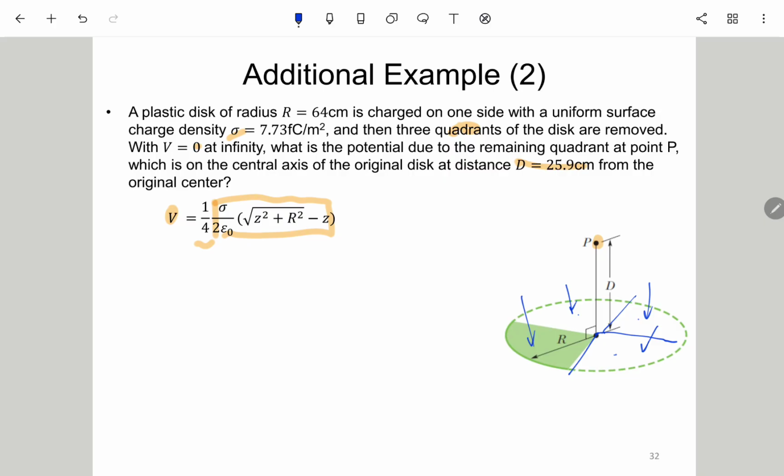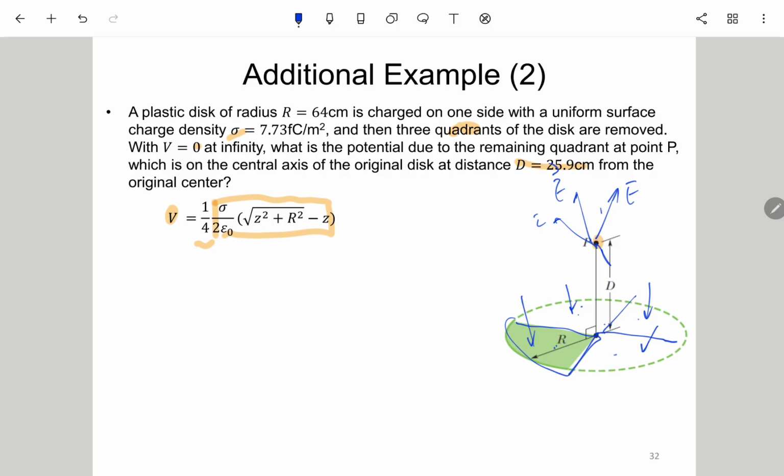They will not generate the same E field, because each part generates an E field pointing in a different direction, so the XY components cancel each other. So for the E field, it is not easy to calculate the field generated by this part, but for the potential, it's okay.